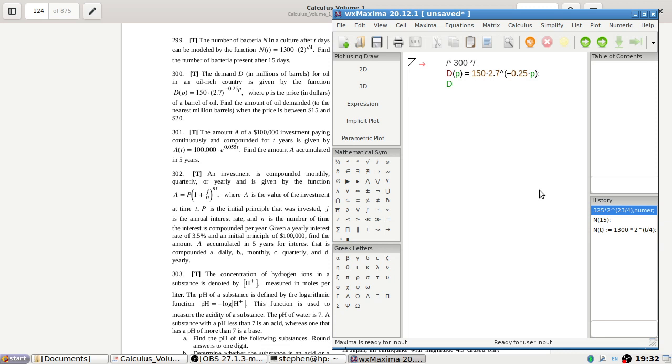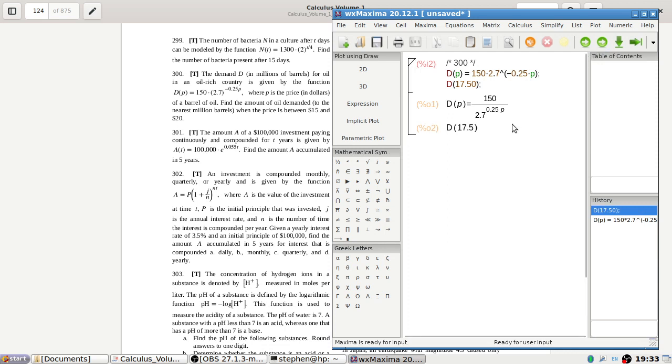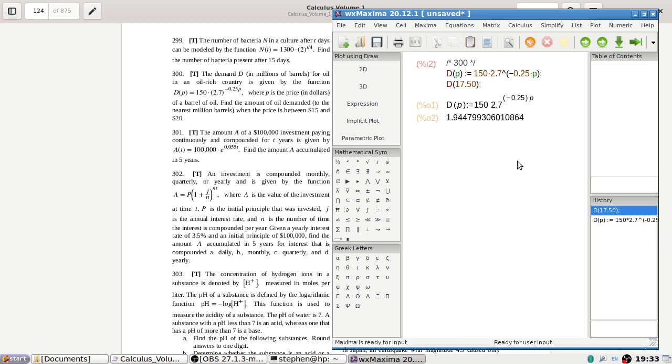Why is it saying between 15 and 20? Should I go with like 1750? That's kind of weird. Find the amount of oil demanded to the nearest million barrels. So 2 million barrels?